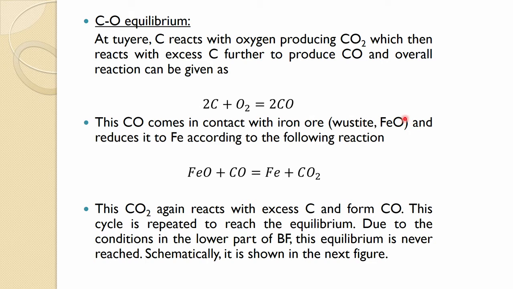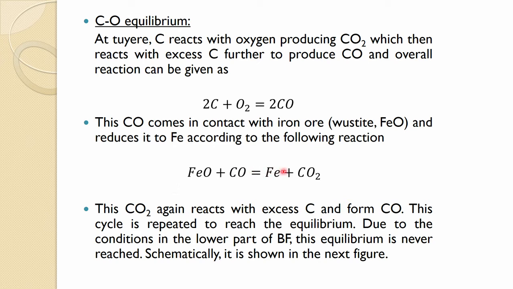So, this CO, when it comes in contact with this FeO, which is dripping down from the cohesive zone into the dropping zone, reduces iron according to this reaction: FeO plus CO gives you iron plus CO2. In this reaction CO2 is forming again.